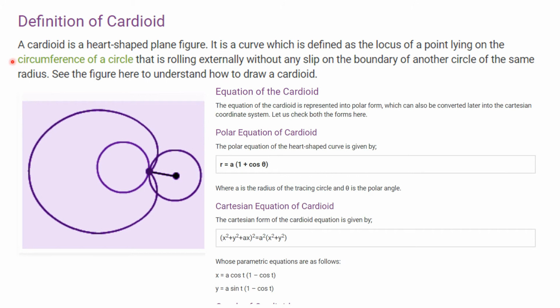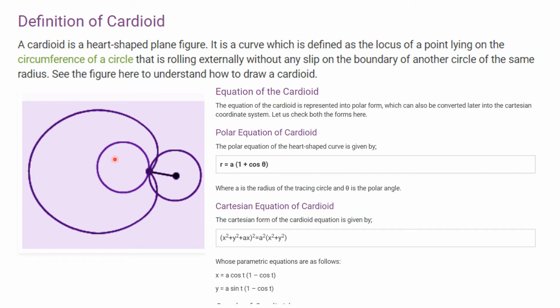We're going to talk briefly about other shapes that will come up in problems. There is a shape called a cardioid. A cardioid is a heart-shaped figure, a curve defined as the locus of points lying on the circumference of a circle that is rolled externally without slipping on the boundary of another circle of the same radius. Here's what that means.